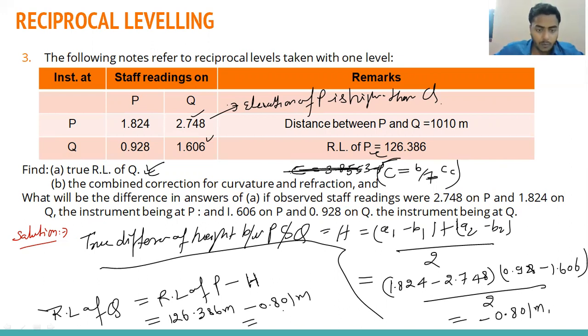So we get this value, 125.585. You can see by this reading that P is higher than Q, but the staff reading at P is lower than Q.